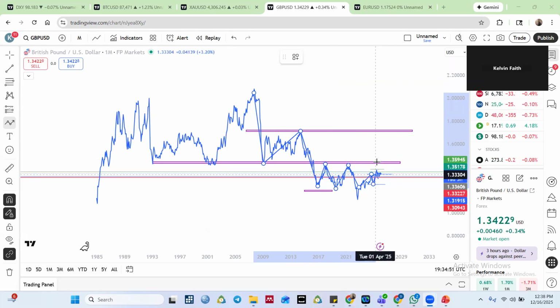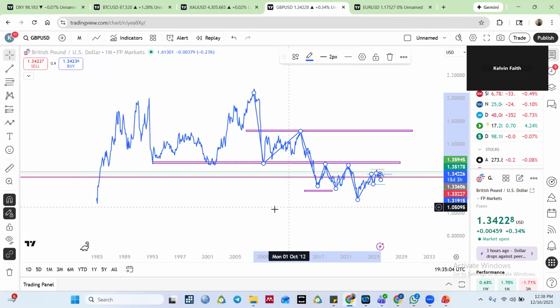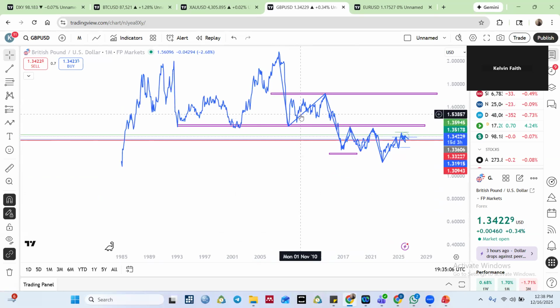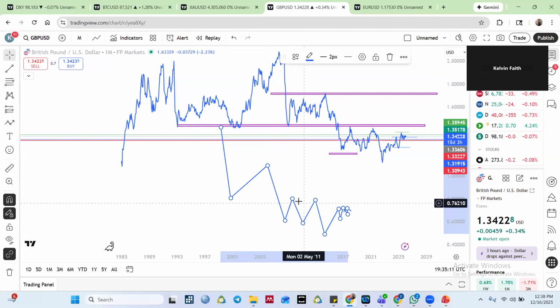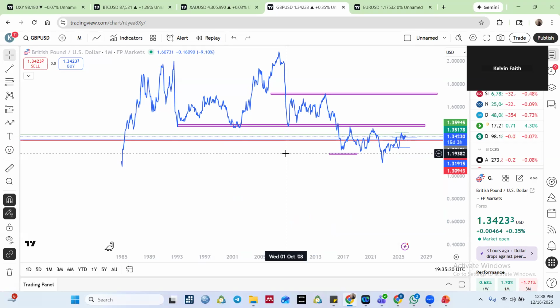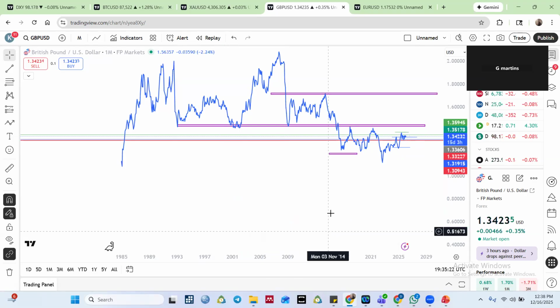Yes. Okay, good. So this is the structure that we have. This is what we have, right? So you guys are right. It is clearly a downtrend from where I measured from, right? Yes. Good.